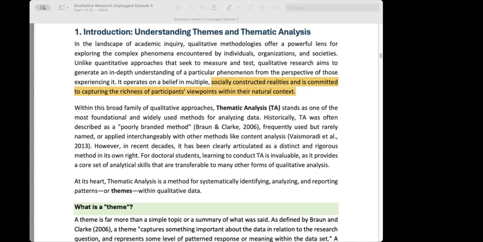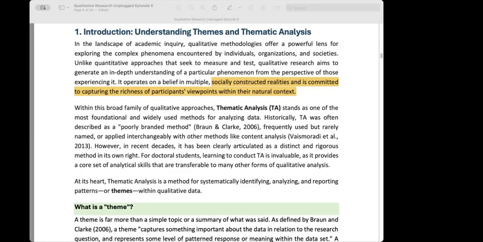Mastering TA doesn't just equip you for one specific type of analysis. It provides you with these core analytical skills that are highly transferable to many, many other forms of qualitative analysis you'll encounter throughout your academic and professional careers. Yeah. It really is a fundamental building block. That makes so much sense, that it provides those transferable skills. Okay, so let's get right to the heart of it then.